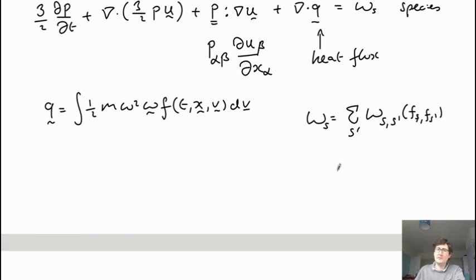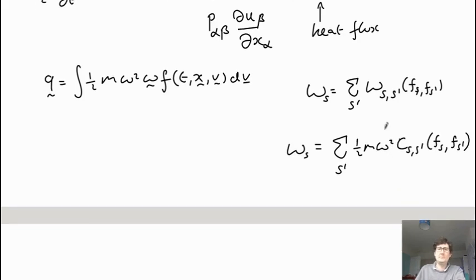Each one of these is just a moment of the collision operator. So this is a sum over S prime of half m W squared times the collision operator between the two species, F_S and F_S prime. So this is the second moment of the collision operator, summed over all other species.